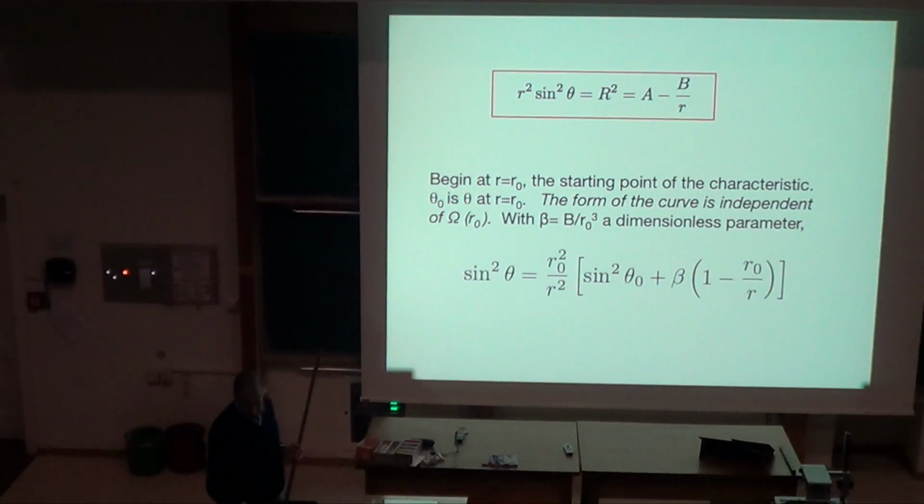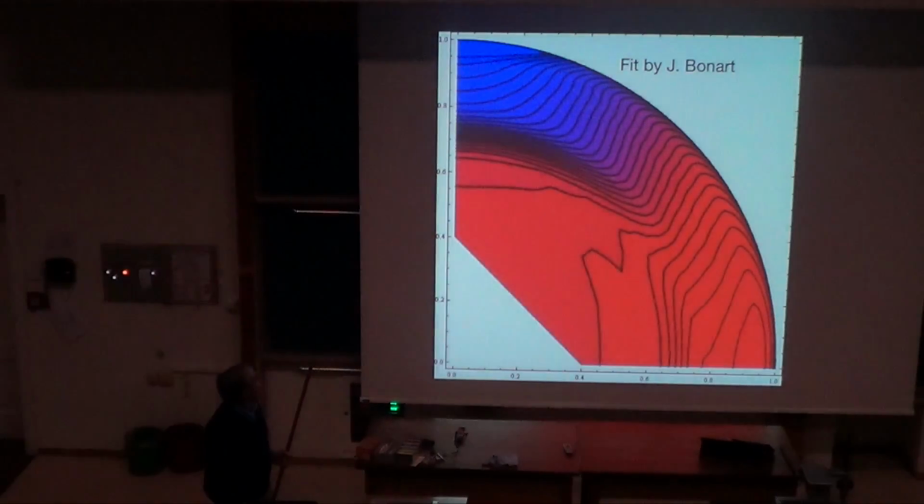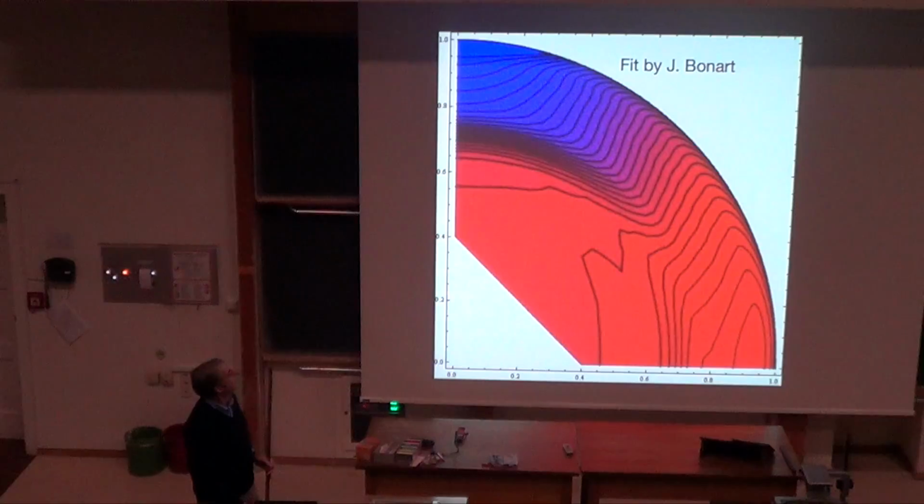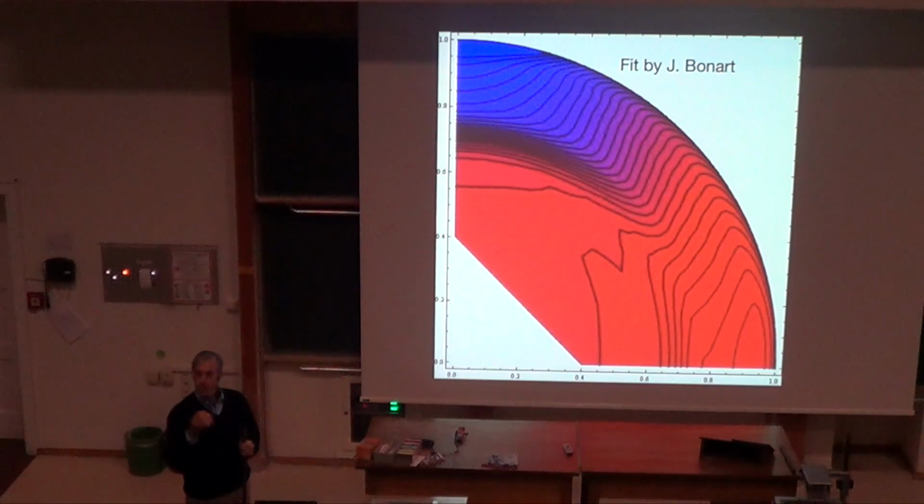How good is the fit? Well, when I was in Paris, I had a German student, Julius Bonard-Cohen. My feeling is if you want mechanical drawings done precisely, these are the kinds of students that you need to work with.